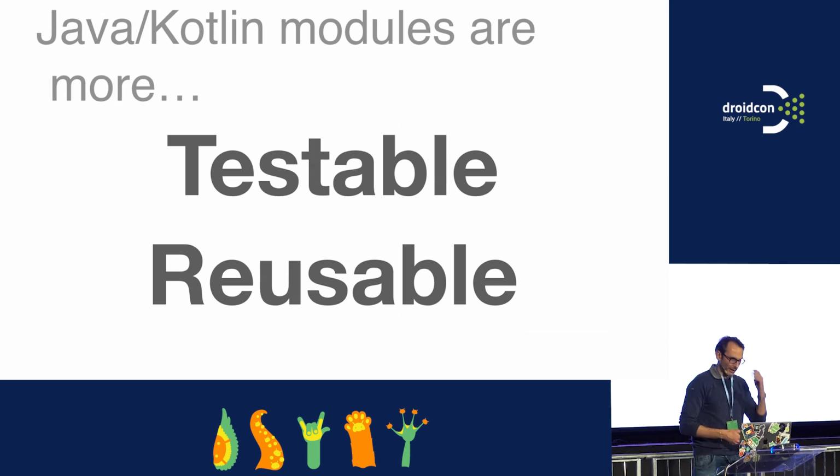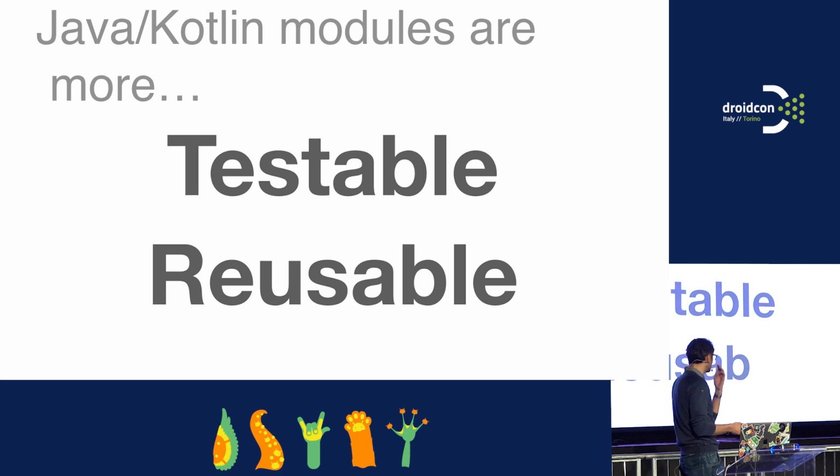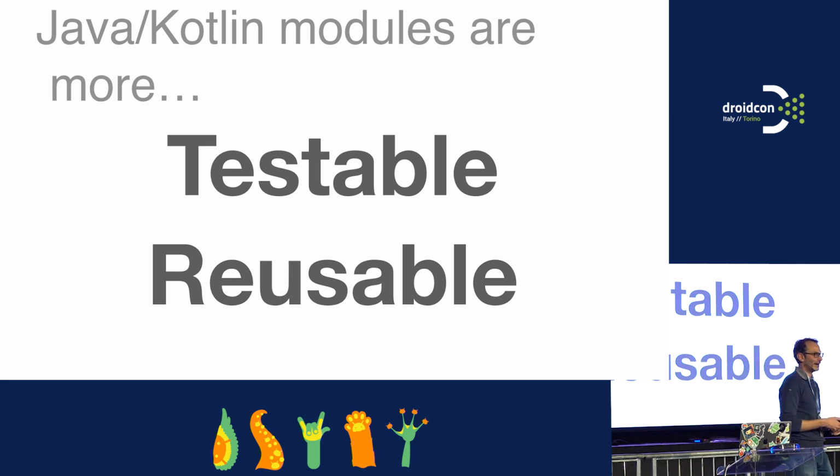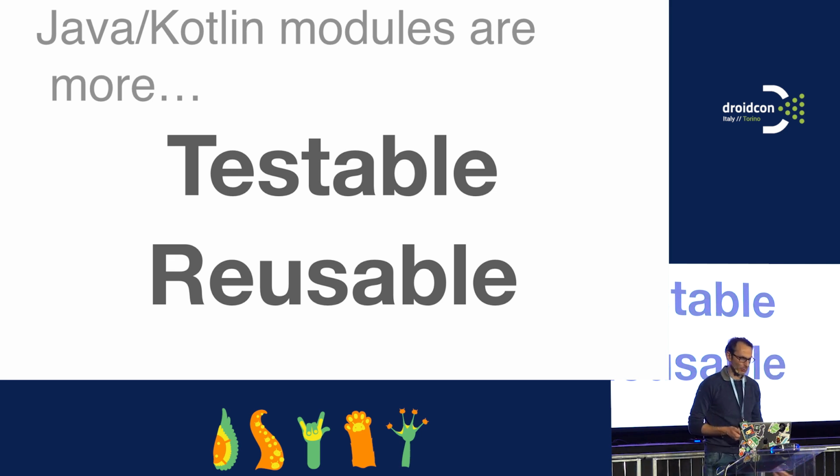Okay, what's the main difference between standard Java/Kotlin modules and Android modules? Usually the Java/Kotlin modules are more testable and reusable. This doesn't mean that the Android modules are not testable or not reusable, but if you have a 100% Java/Kotlin module, you are sure that you will be able to test it on a Java virtual machine without using an emulator, so it's faster and more testable.